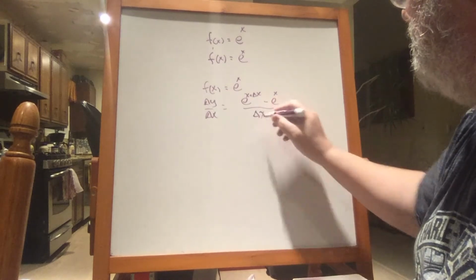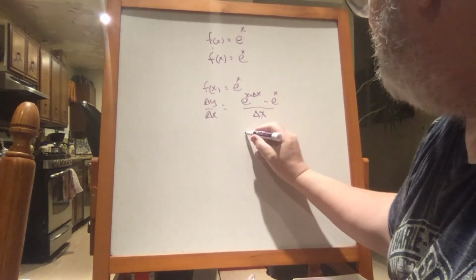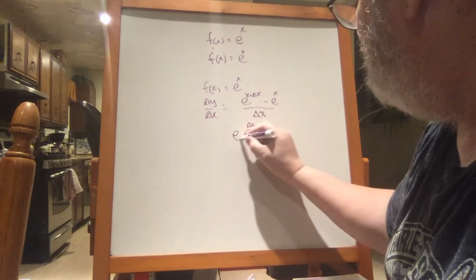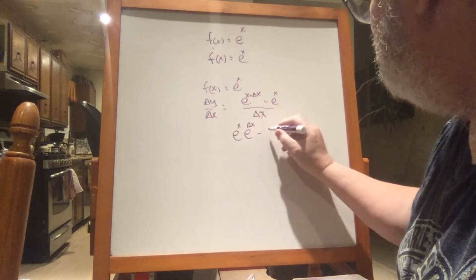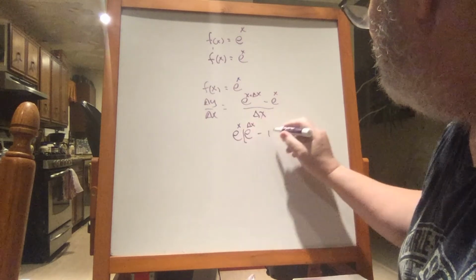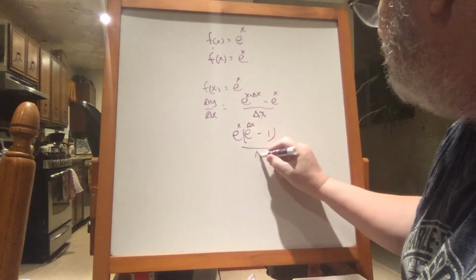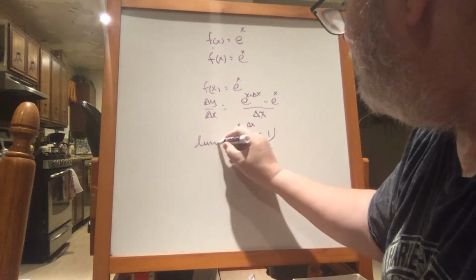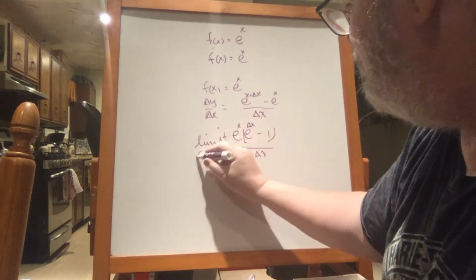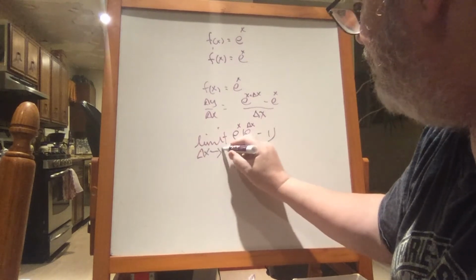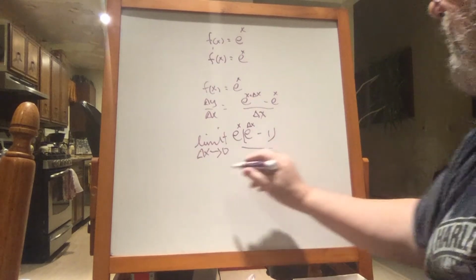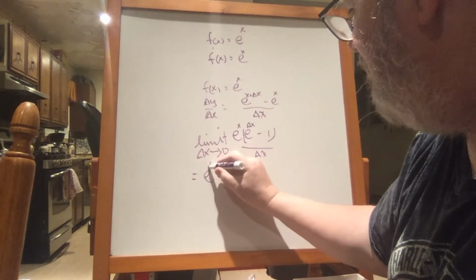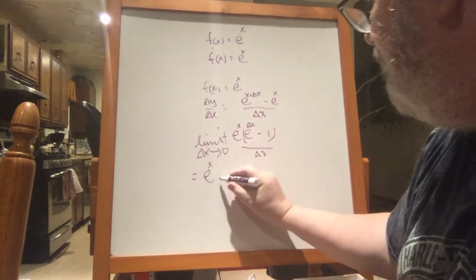Delta x, and then we have e to the delta x, e to the x minus 1 all over delta x, and then we take the limit as delta x goes to 0 of this function to get the derivative, and that's equal to e to the x, because we can pull that out.